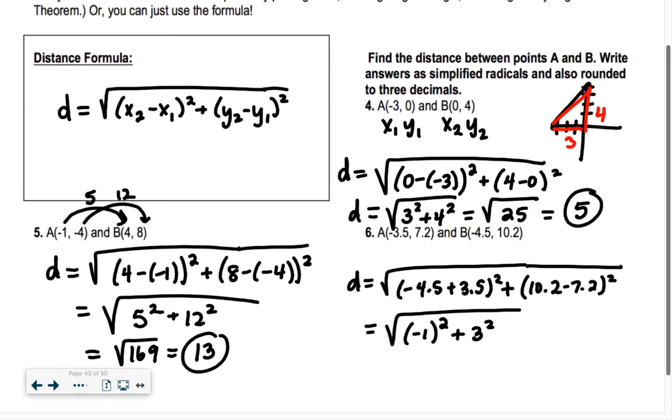Would that also be a subtraction sign between the 4.5 and... Yeah, it's like a minus a negative, so I just made it a plus. Oh, okay. Sometimes I get lazy. Maybe I should not take shortcuts. All right, so I get 1 plus 9 under square root, so I get the square root of 10. So that's our radical, and it's simplified. It doesn't go any further.